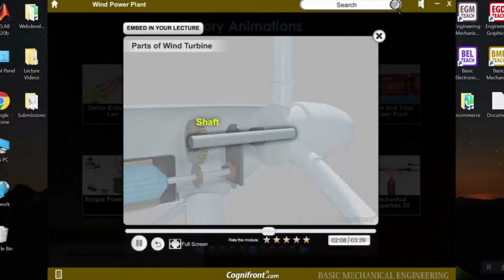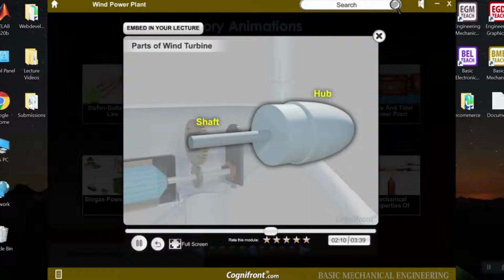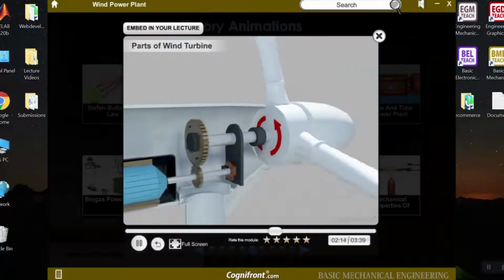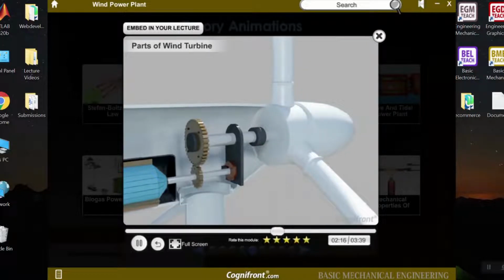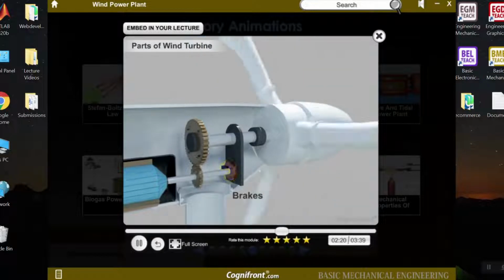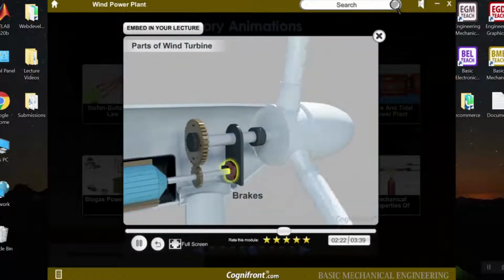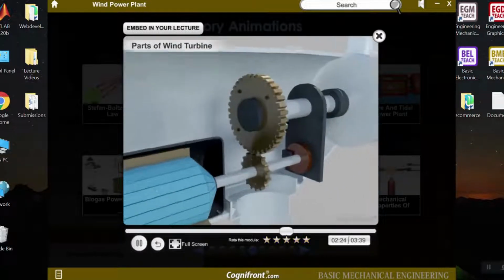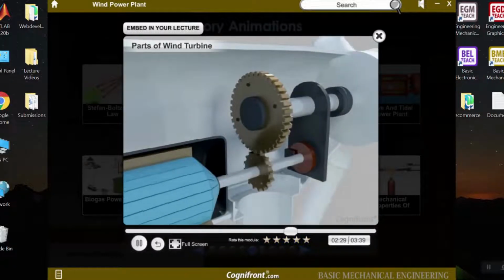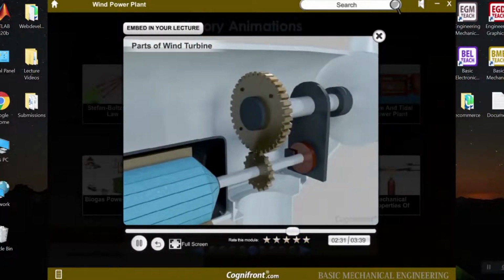Next is shaft. The hub is mounted on the main shaft. The rotation of the blade causes the shaft to rotate. If the wind blows very fast, then brakes can be applied to control the speed of blades and shaft. Next is the gearbox. This can be used to increase the output speed.